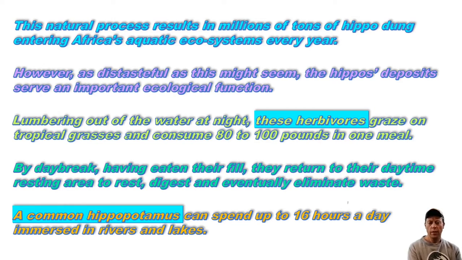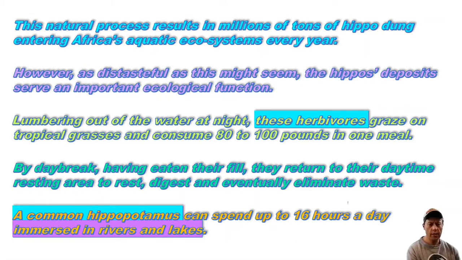So these two blue highlighted sections go together. So we've got a common hippopotamus, these herbivores. Basically, that's the same thing. The demonstrative of these specifies this object herbivores and links it back to the proper noun hippopotamus in the first sentence. So they go together. So we should put those together.